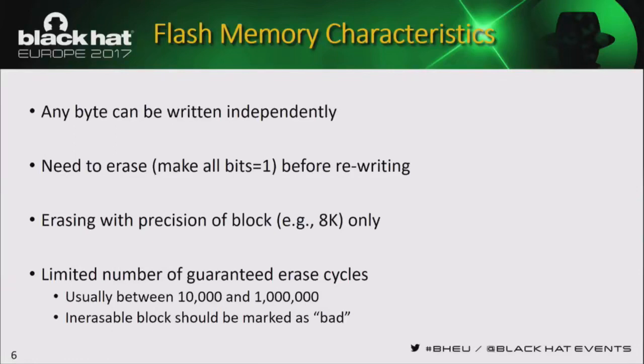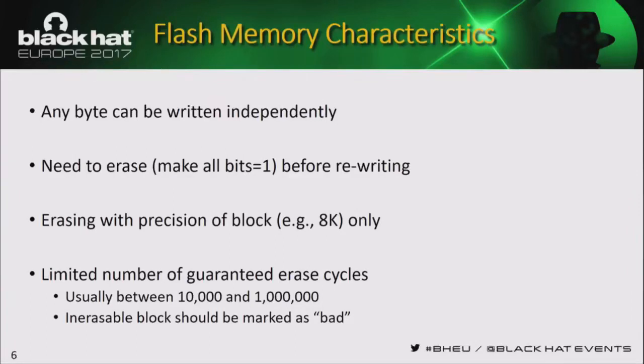But the physical methods behind flash memory allow you to modify any bit from 1 to 0. If you want to return it from 0 to 1, you need to perform an erase. And the erase operation is performed only on a whole page or block.